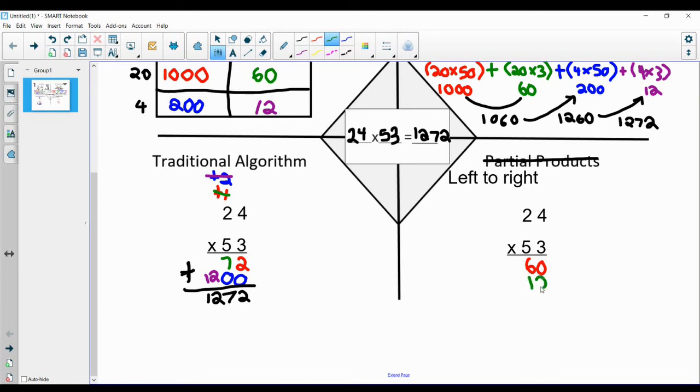Those are my top numbers. Now I'm going to move to my bottom numbers. I'm starting with the 5 on the left side. This doesn't mean 5, it means 50. 50 times 20 is equal to 1,000. 50 times 4 is equal to 200.